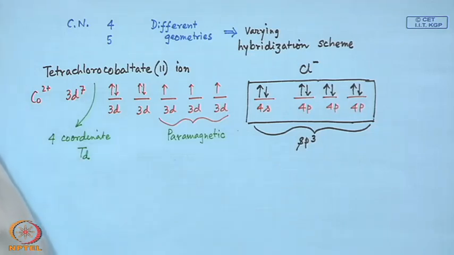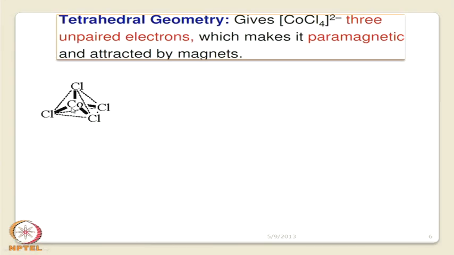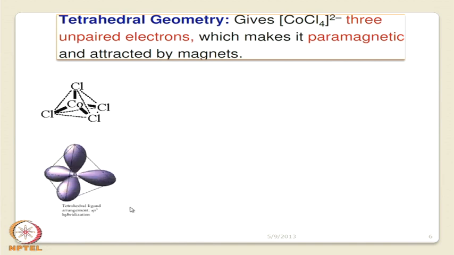So, this basically gives us the beautiful hybridization scheme for the formation of 4 cobalt chlorine bonds around cobalt. And we have the tetrahedral ligand arrangement. So, this is the tetrahedral geometry, and the cobalt center will have 1, 2, 3, 4 hybridized orbitals.